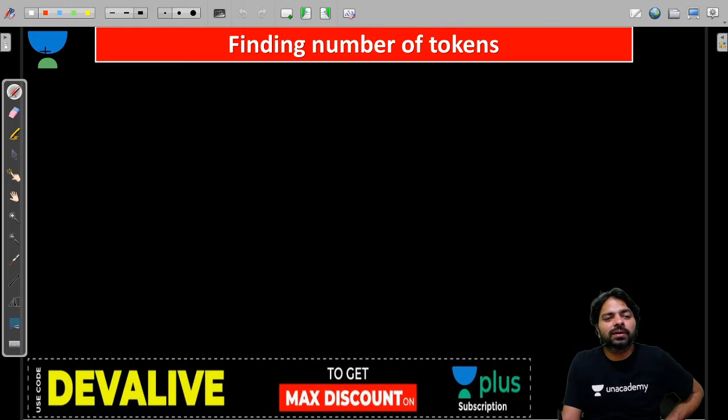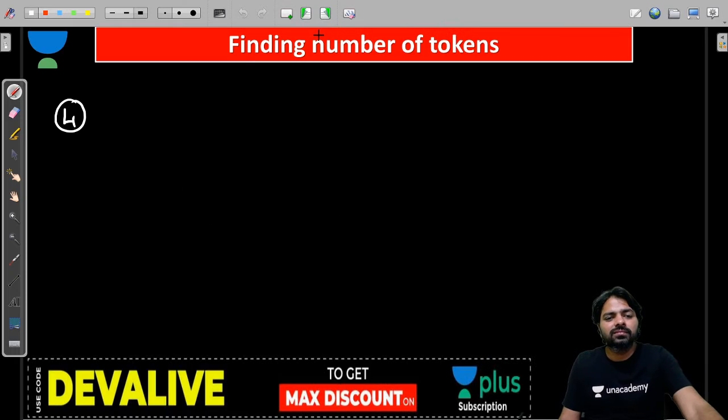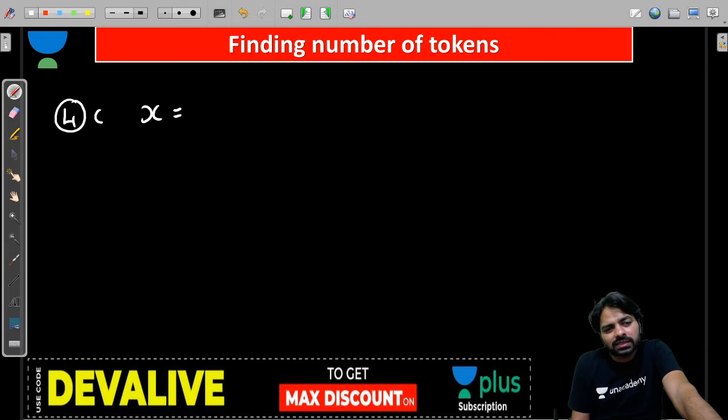So, fourth program. Now, let me write a small statement here: char star x is equal to gate. How many tokens do you have?